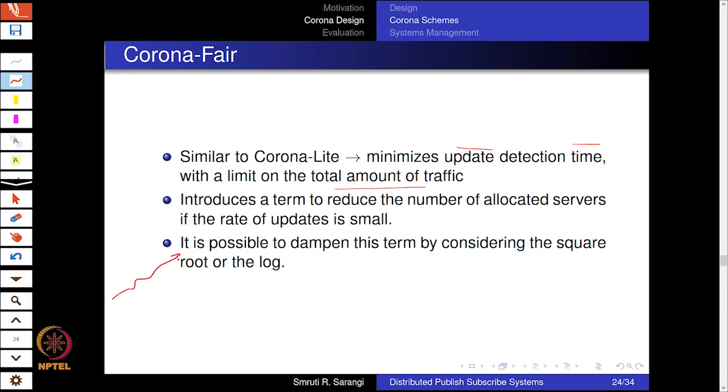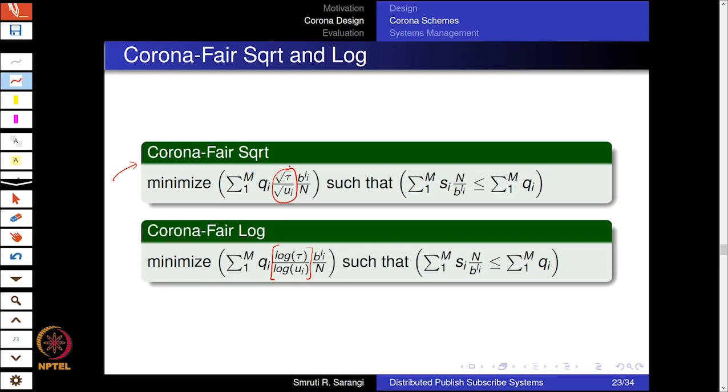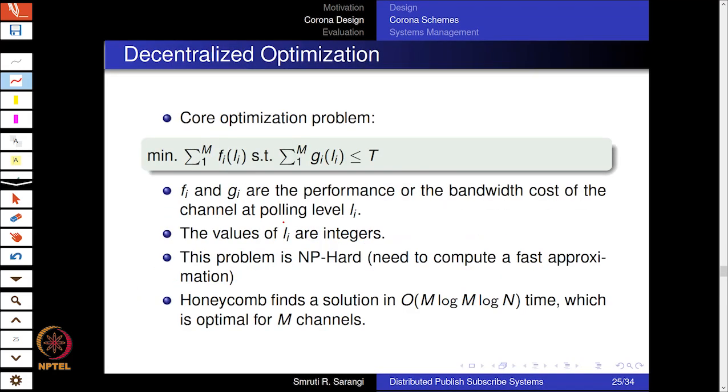Furthermore, it's possible to dampen this term, right? Dampen by considering the square root, the ratios of the square roots or the logs, as we just saw over here. So this can be posed as a core optimization problem.